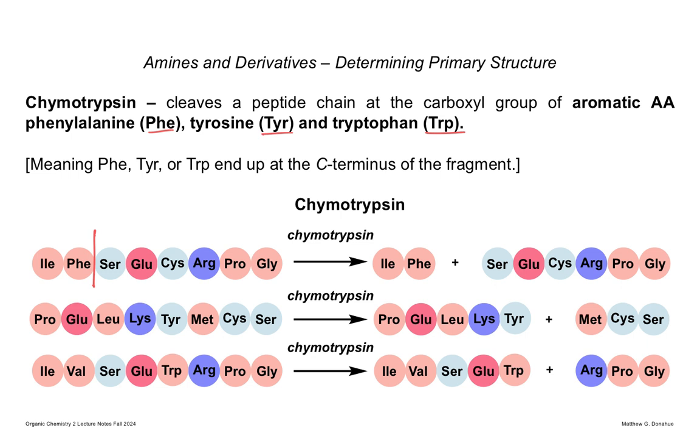The second one, it's going to clip between tyrosine and methionine. And the third one, it's going to clip after the tryptophan. So those both produce 5 and 3 amino acid fragments.